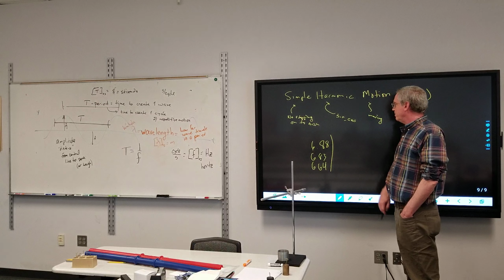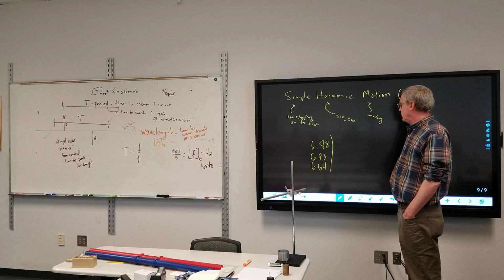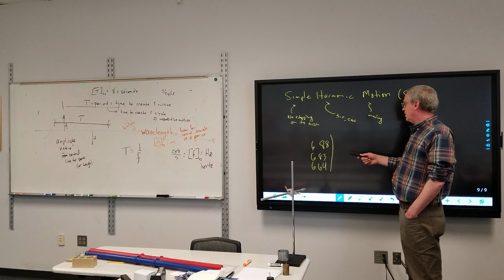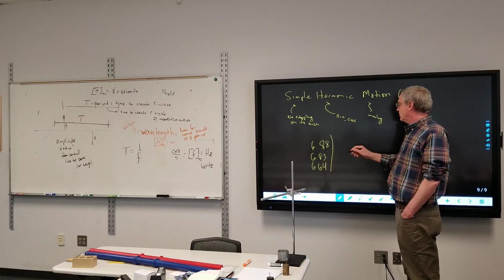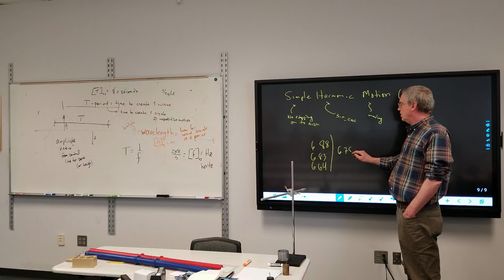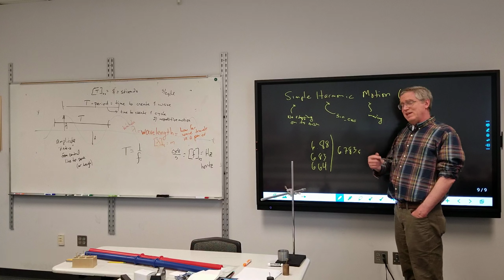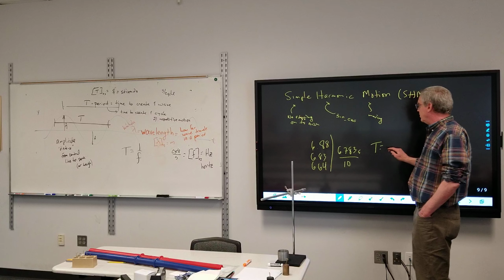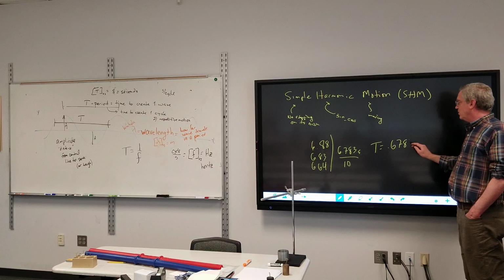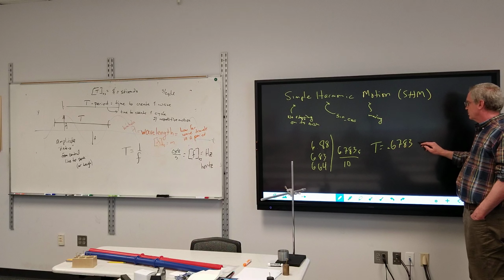Ah, okay. So doing the fancy math here, I get 6.783. That's for 10 oscillations, and so if I divide by 10, I end up with a period of 0.6783 seconds.